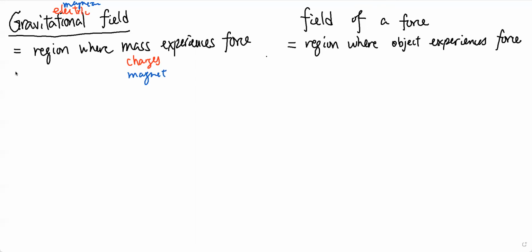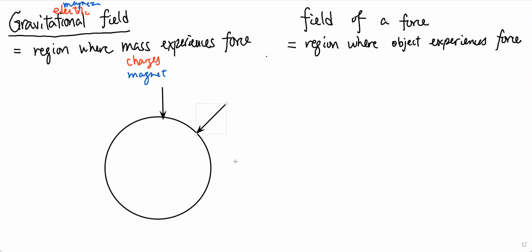So let's move on. Now if you still remember, in Form 4, you have learned how to draw the electric field pattern. So we also need to draw the gravitational field pattern. So these are the gravitational field lines. So this is the Earth.